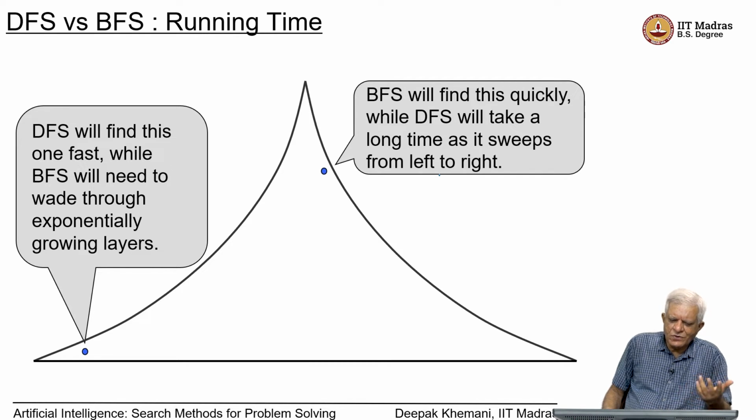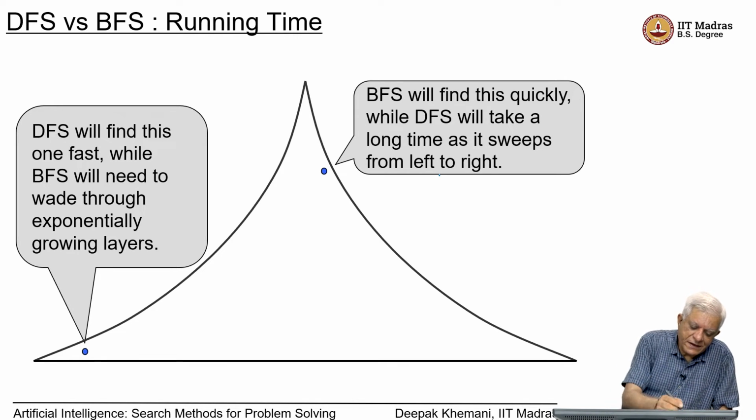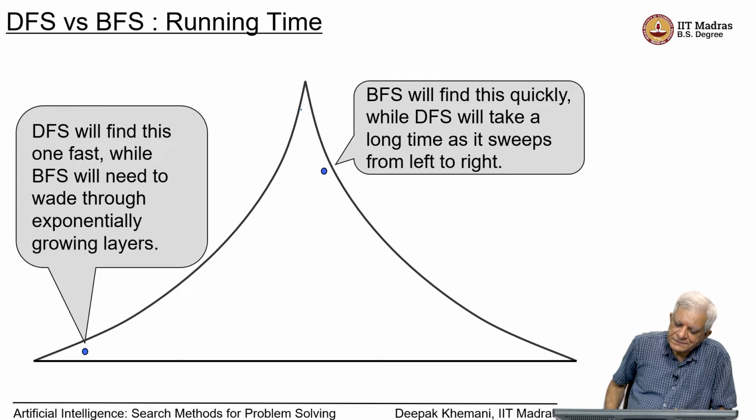So, supposing there are 2 goal nodes in this search tree, it is possible that they occur in 2 different locations in the graph, or there are 2 different paths to the goal node. Depth first search will find one path if it is closer to the left hand side of this search tree, whereas breadth first search will find that path to the goal node which is closest to the start node essentially.